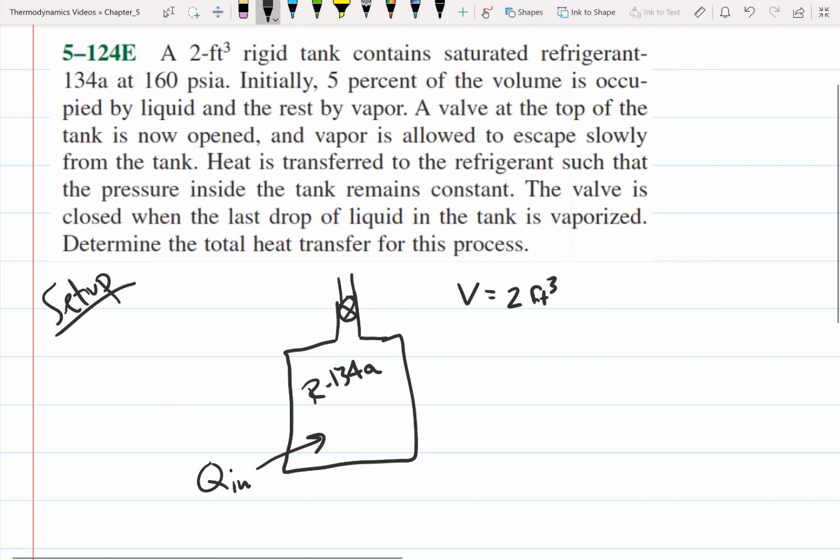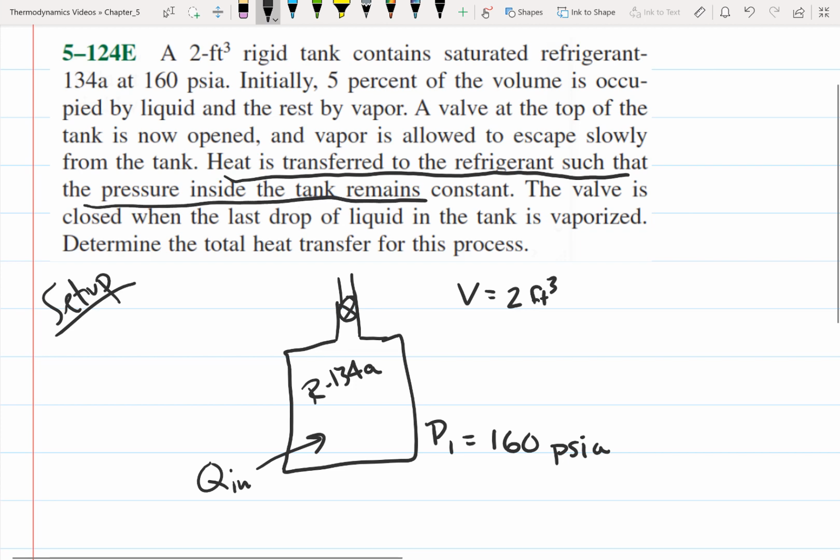And then it tells us that initially the refrigerant is at 160 psi absolute, so P1 is equal to 160 psi absolute. But then it said that heat is transferred to the refrigerant such that the pressure inside the tank remains constant.